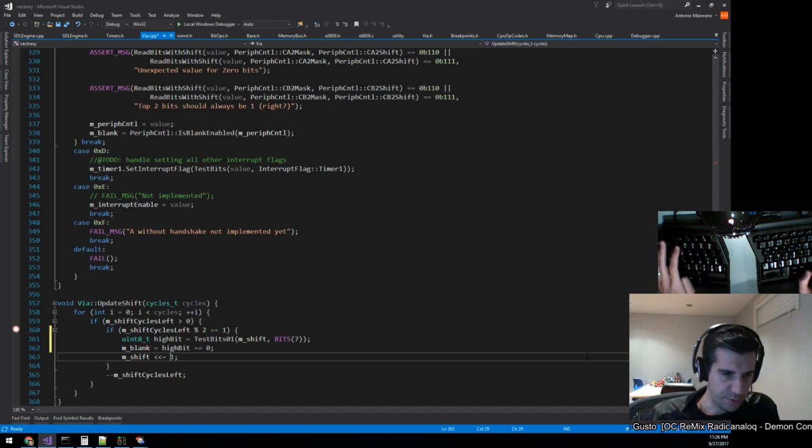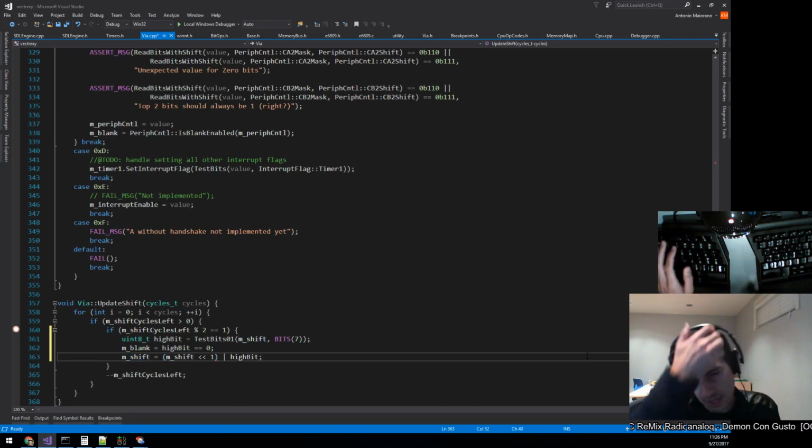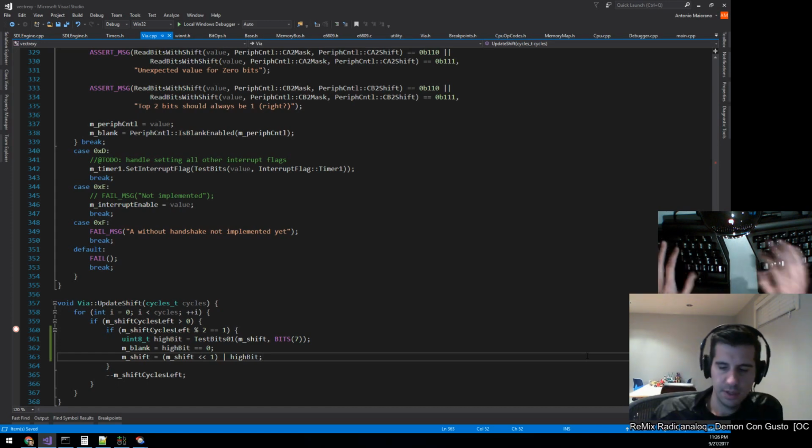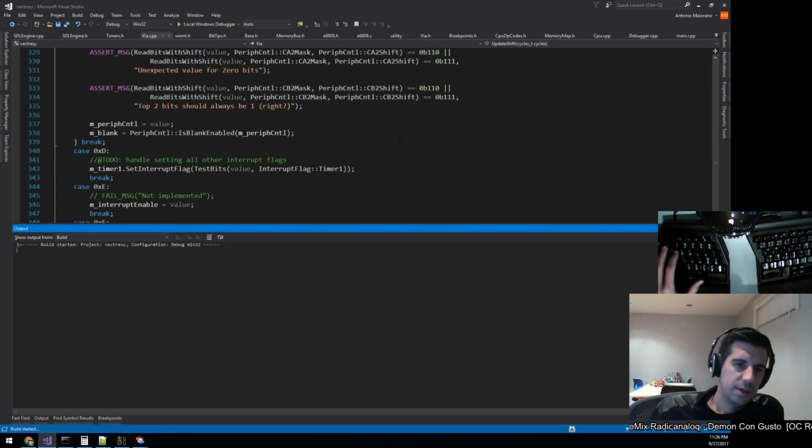And then what we want to do is we want to take shift and then set it equal to m_shift left shift by 1 ORed with this high bit.